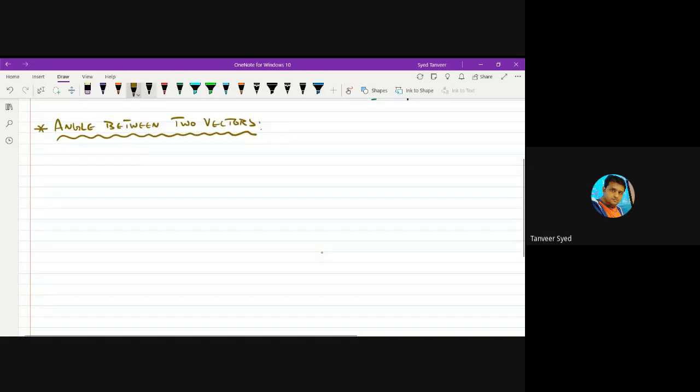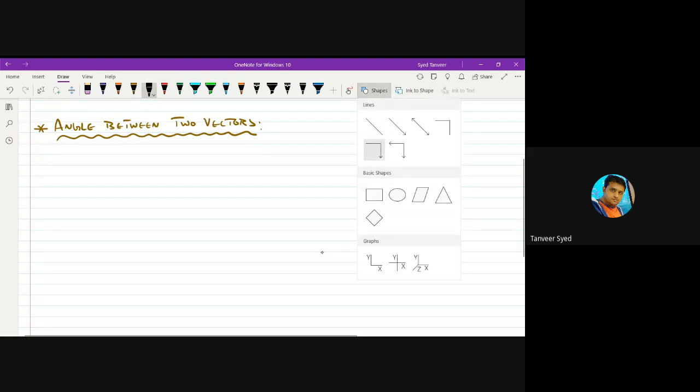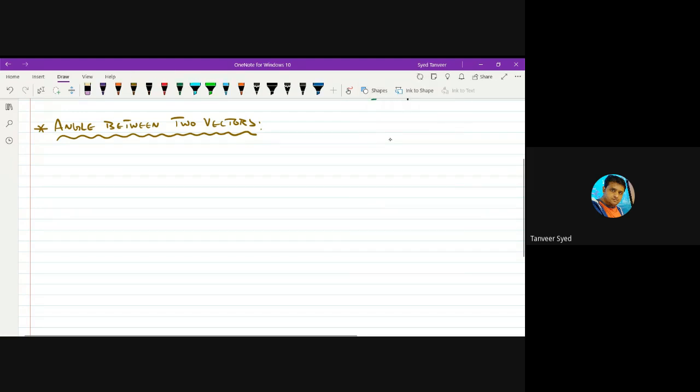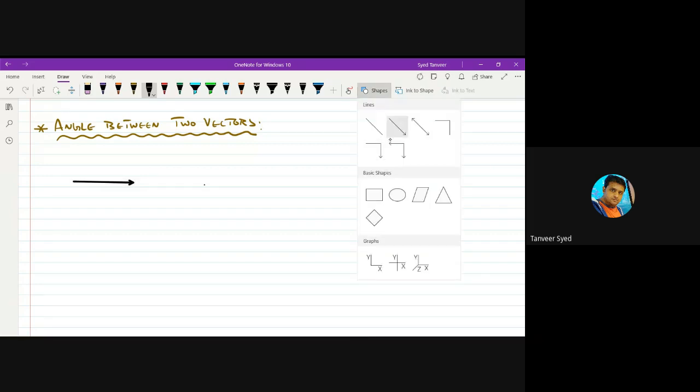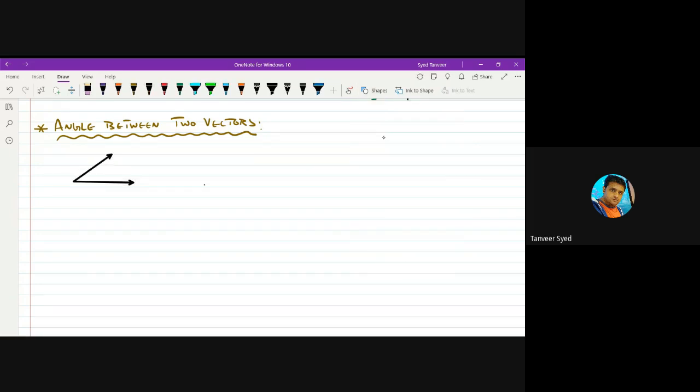Okay, suppose two vectors are given like this. These are the two vectors. This is vector P. This is vector Q. And the angle between them is, let us say, some theta. Okay. So if I ask you what is the angle between P and Q, it is simply theta, right?